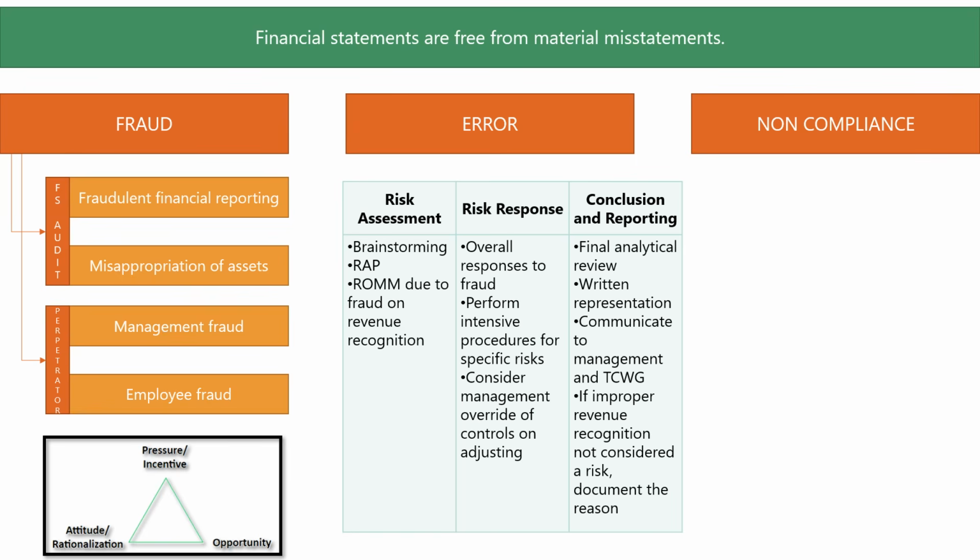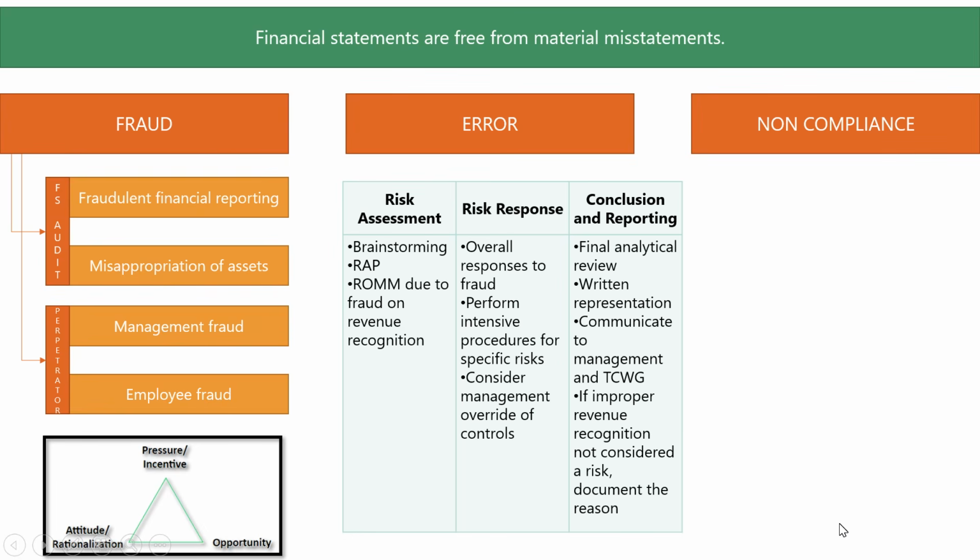On the risk response phase, of course, there will be overall responses to fraud, such as, for example, heightened professional skepticism or even expanded testing. And as we have just said, the auditor may also perform intensive procedures for specific risks and consider the possibility of management override of controls.